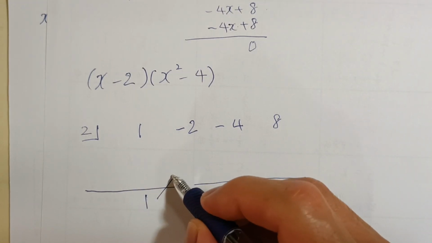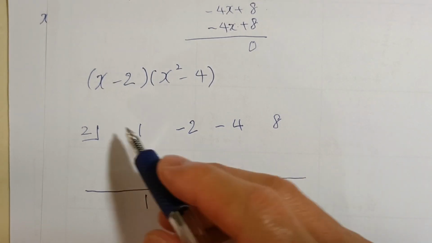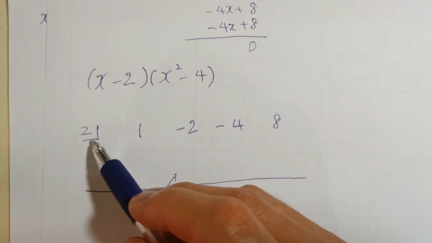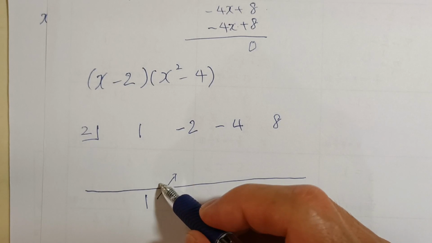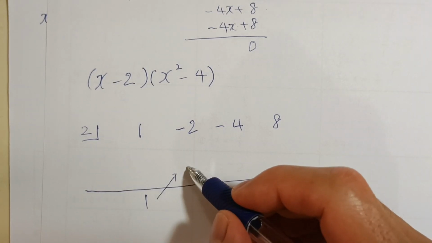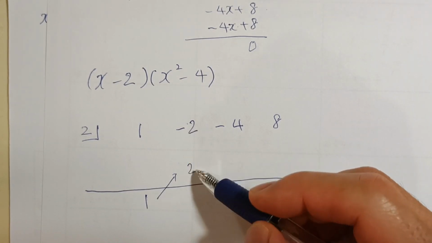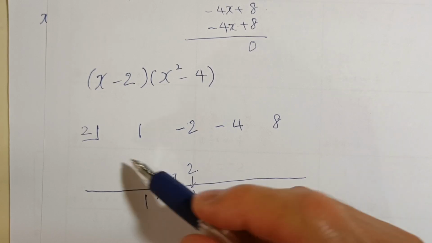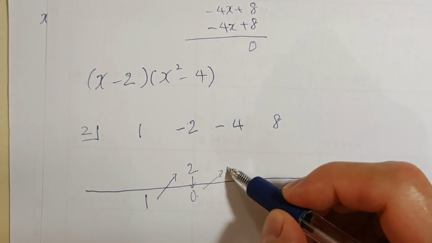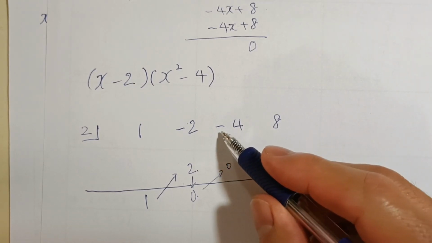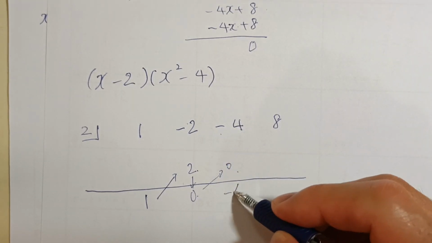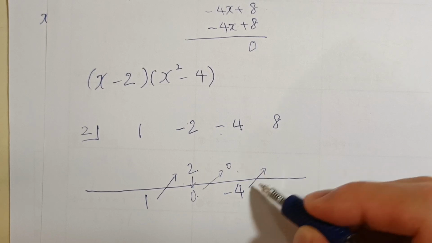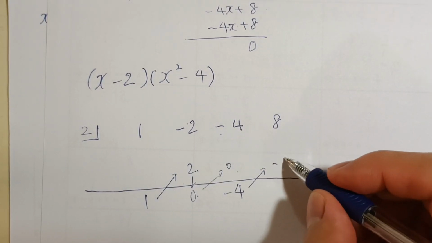When you shift the number up here, you do this times this. So 1 times 2 is 2. And then you add them together. 0. And then 0 times 2 is 0. 0. Negative 4 plus 0 is negative 4. Negative 4 times 2 is negative 8.